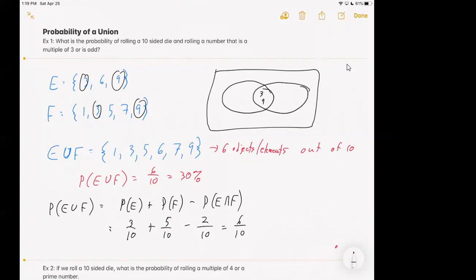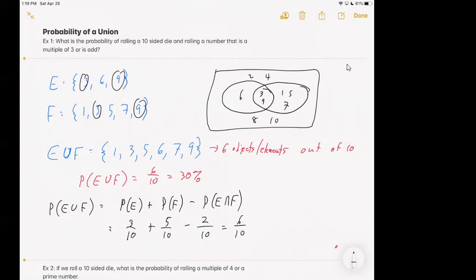So we have 6 over here, and then we also have 1, 5, and 7 over there, and the numbers that didn't make it into any set would be 2, 4, 8, and 10. They're in neither E nor F. Okay, so that's what the diagram would look like.